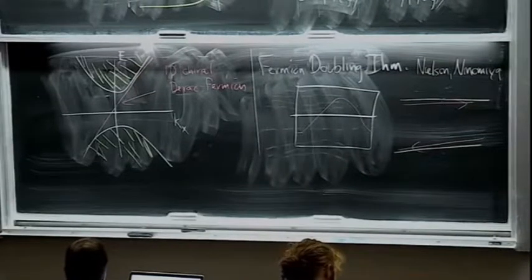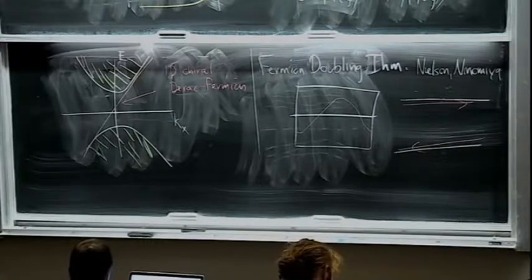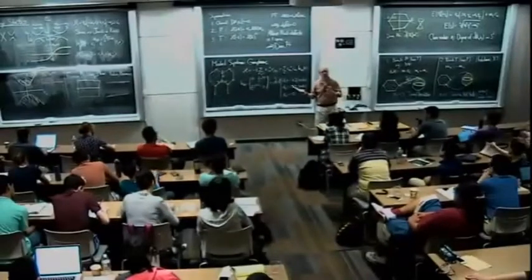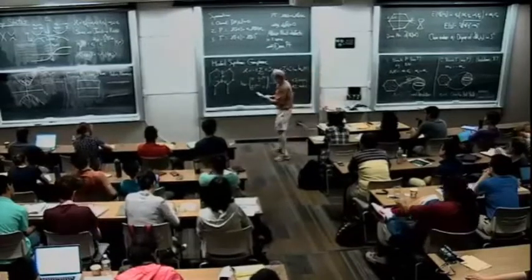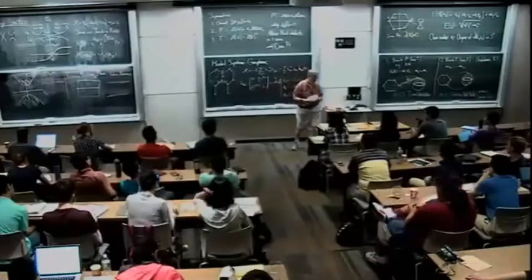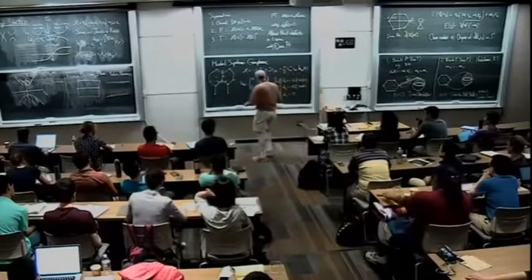Okay, so I am going to get to topological insulators eventually. But I thought what I would do is just say a couple more words about things that one can understand without imposing more symmetries. I want to talk about some generalizations of these ideas.